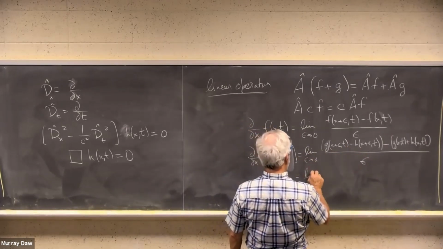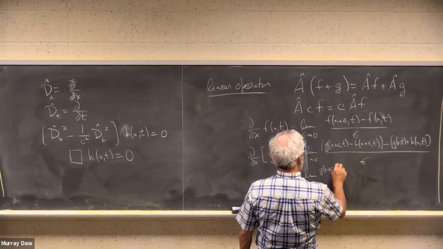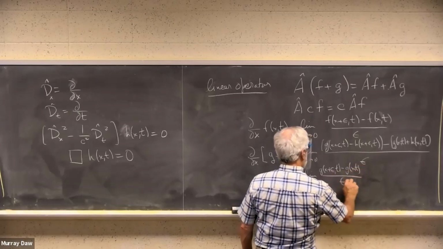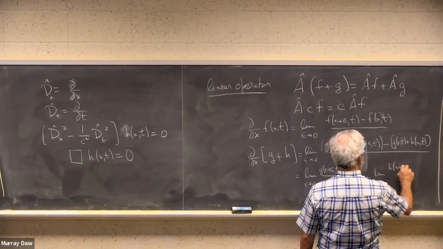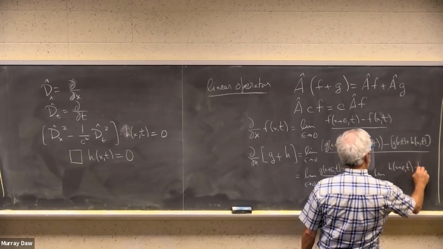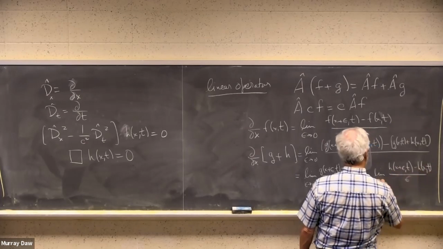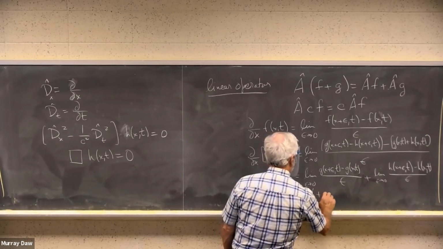So I have two separate terms here: g of x plus epsilon, plus the same limit for h. So this is equal to g prime plus h prime.